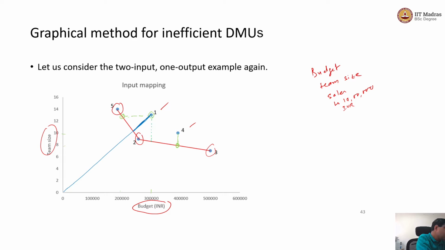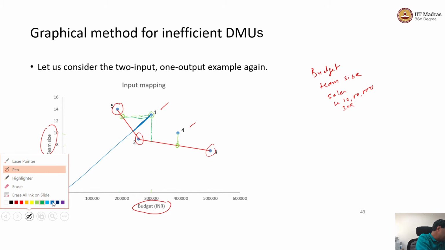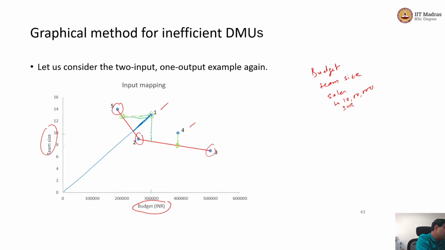Vertical movement would have been simply reducing the team size. Horizontal movement would have been simply reducing the budget. I don't want you to do either. I want you to move in the direction indicated by the blue line.